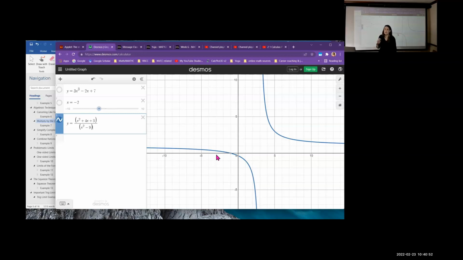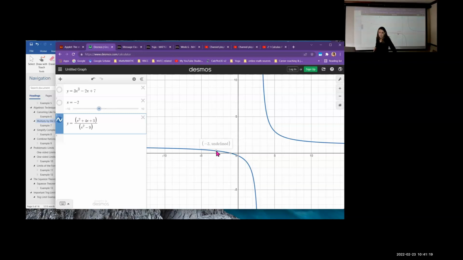Now remember, Desmos is not good at drawing holes unless you click on the spot. So my -3 is right out here. In order to see it, I've got to move the cursor and click right on it, which I can't do that and face backwards at the same time. There it is. And what is it telling you happens at -3? What does it actually say?